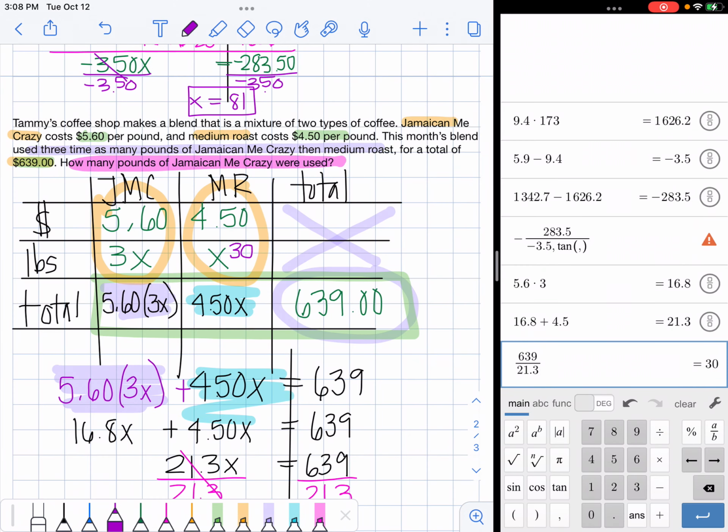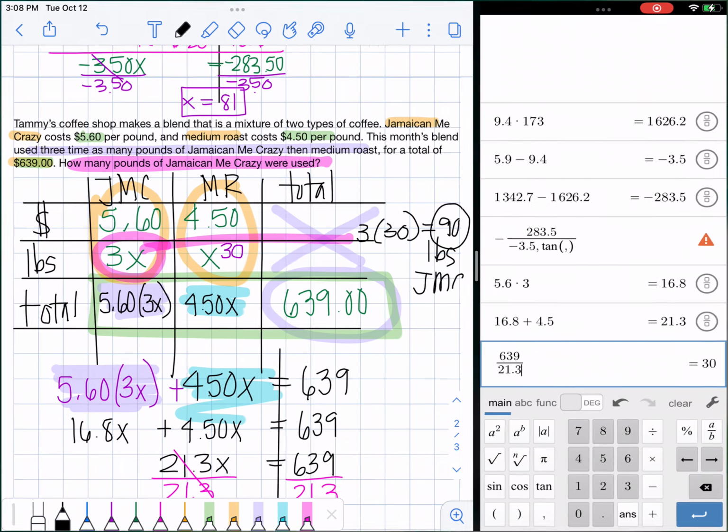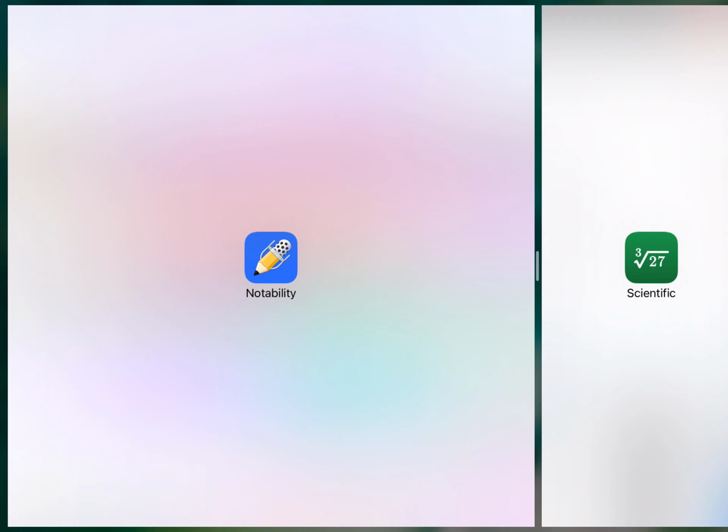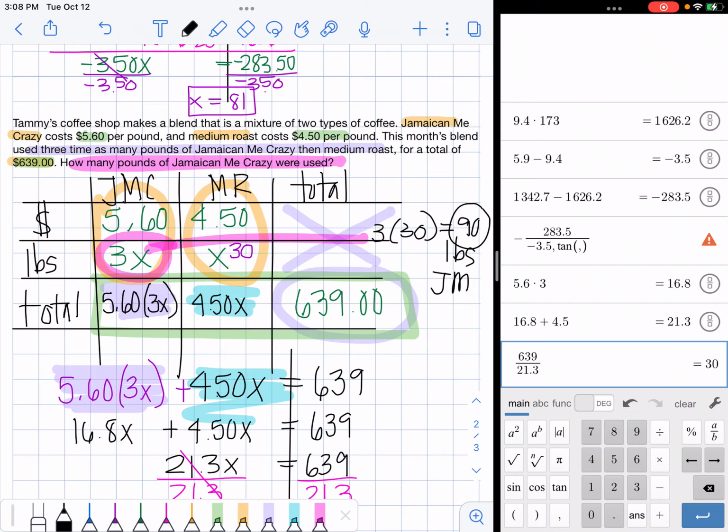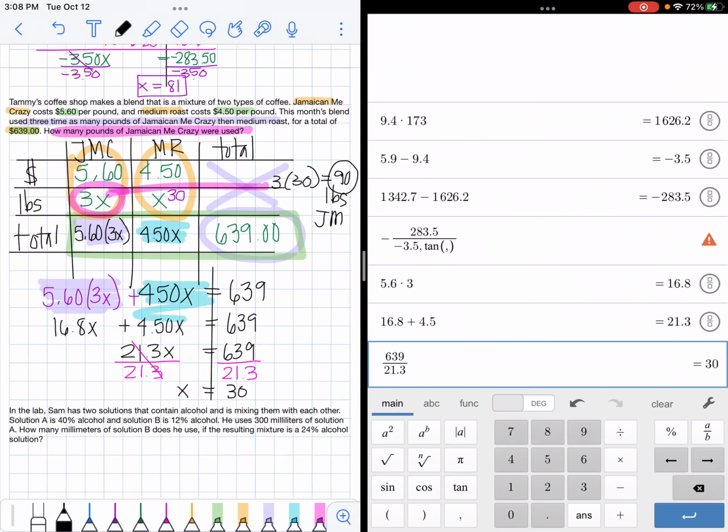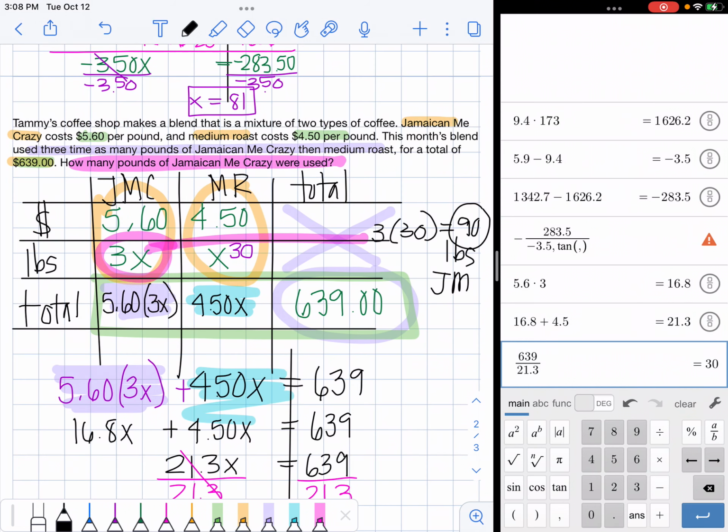So for Jamaican Me Crazy, I have to take 3 times that, or 90 pounds of Jamaican Me Crazy coffee were used. Oh, sorry, you're making me crazy. We'll put the C there. And this would be my final answer here.